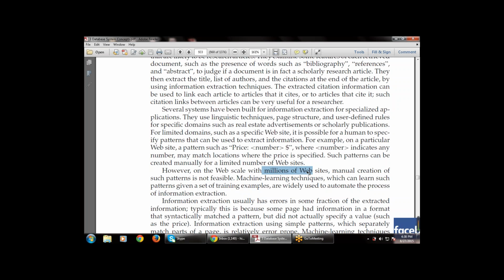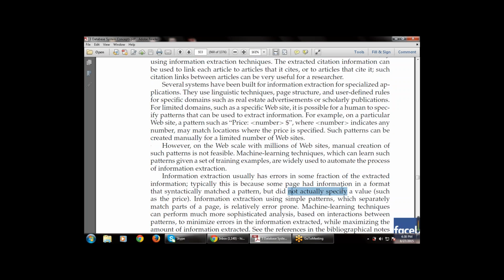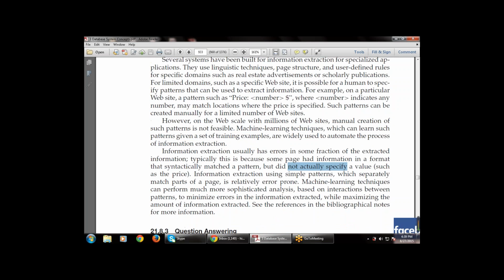Information extraction usually has errors in some fraction of the extracted information. The extracted data may contain information in a format that syntactically matches a pattern but does not actually specify a value.